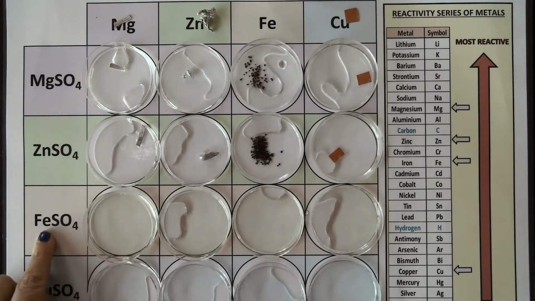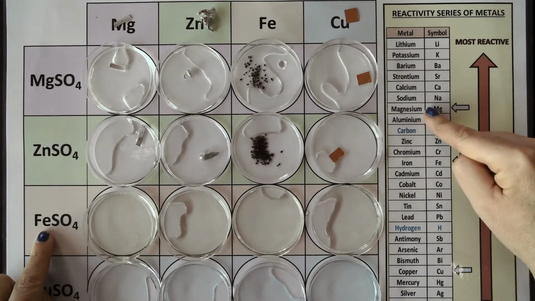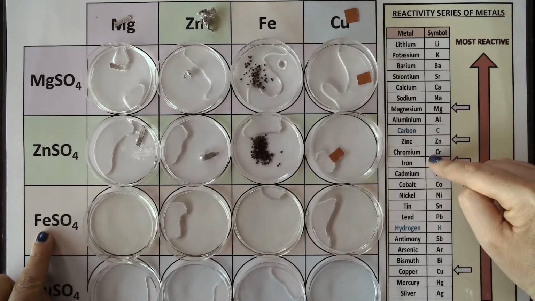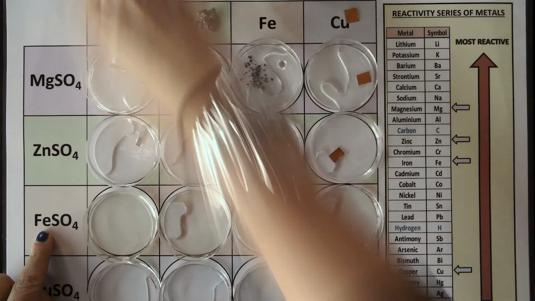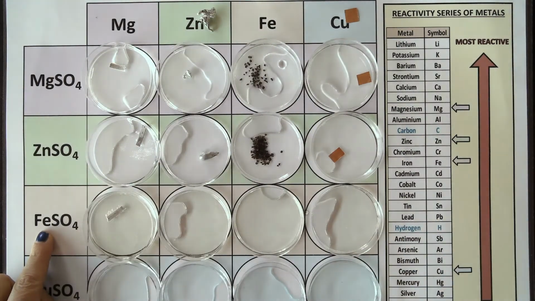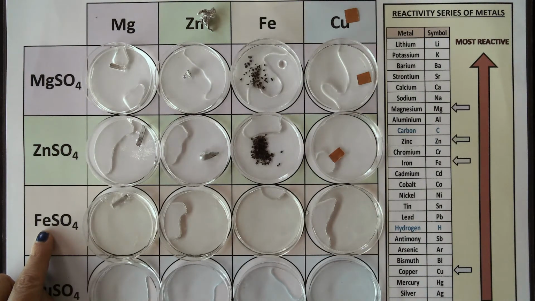Now we're going to move on to iron sulfate. So magnesium is higher in the reactivity series than iron, so I'm going to put that in and see if there is a reaction. Straight away I can hear fizzing, I can see it moving around because there are bubbles of gas being released. Definitely got a reaction there. Zinc plus the iron.